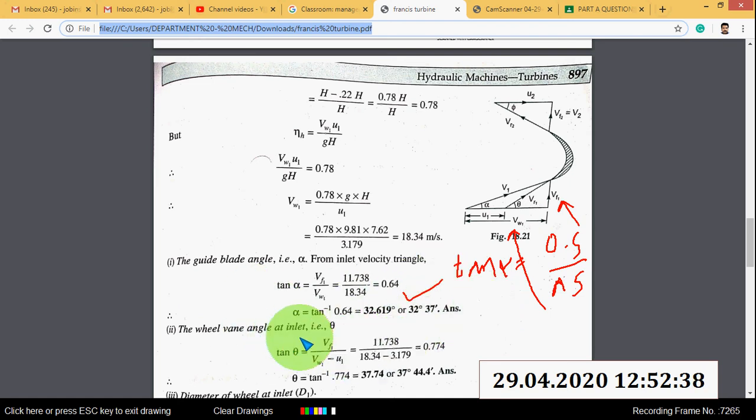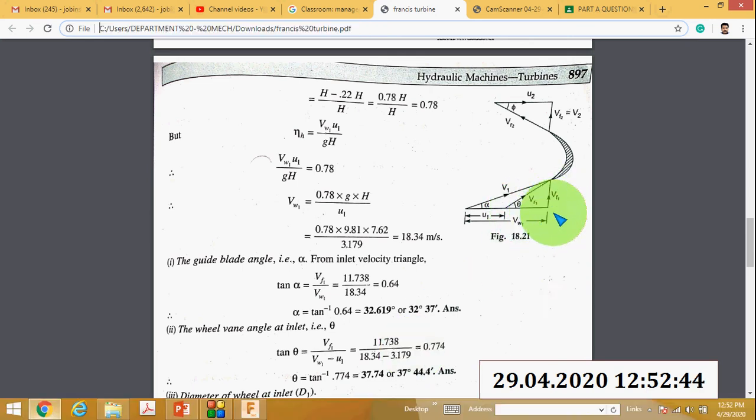Then the vane angle at inlet, so vane angle at inlet is theta, so again tan theta is equal to opposite side by adjacent side. Opposite side is Vf1 and adjacent side is Vw1 minus u1. So you will get the value of theta.